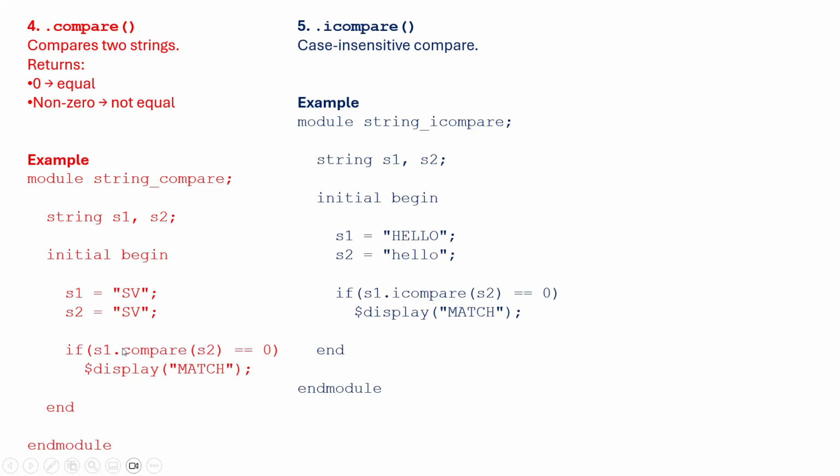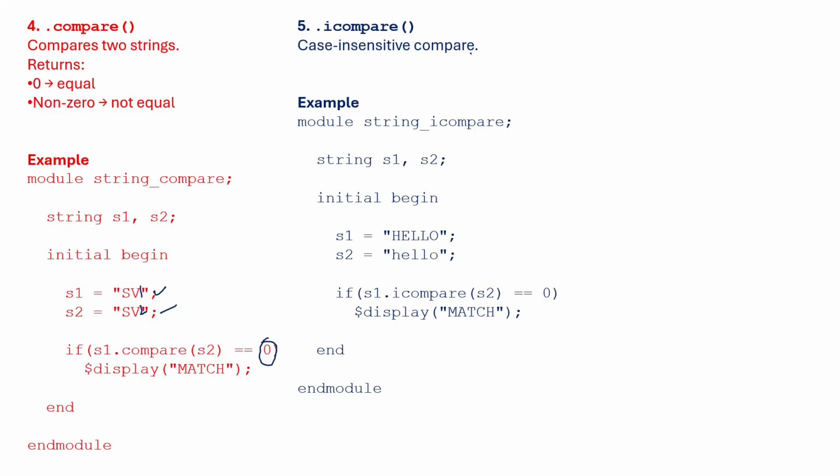Then s1.compare(s2), both are equal, so you will get 0 here, and then you will get the match output. If they are not equal, you will get some other value. Suppose the strings have different names, sv1 and sv2. These two strings are different, so you will get some value not equal to 0.